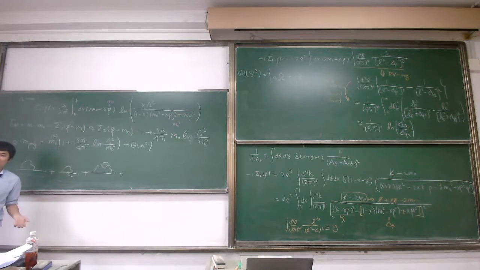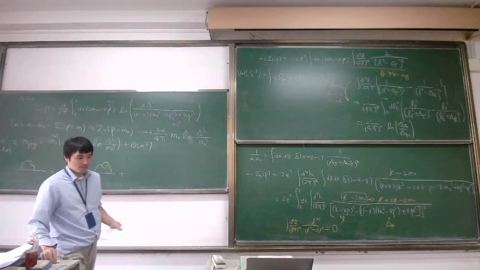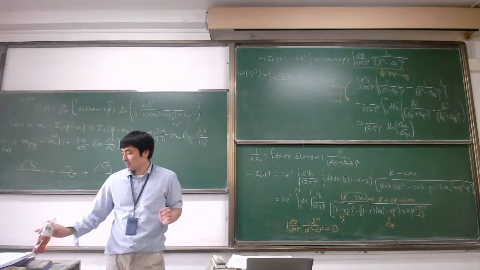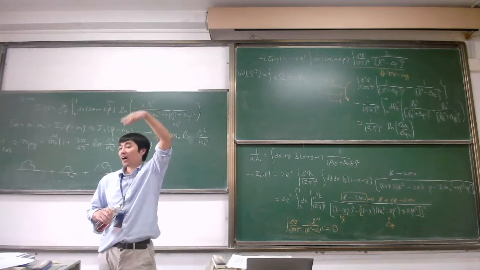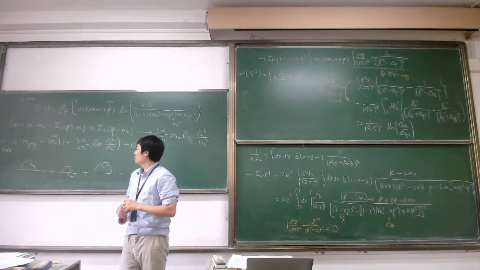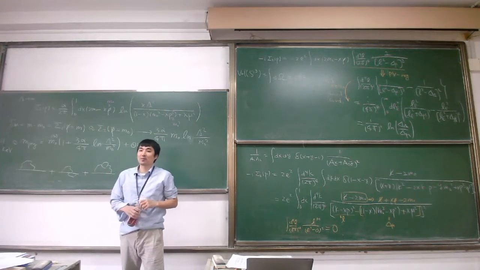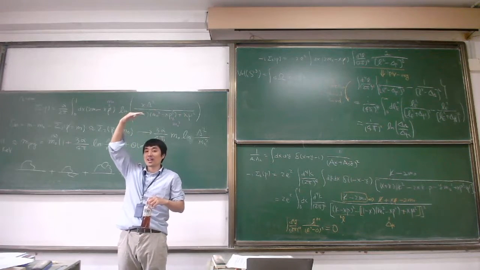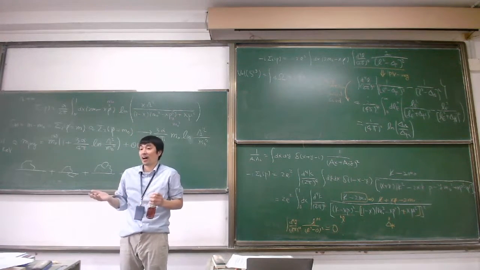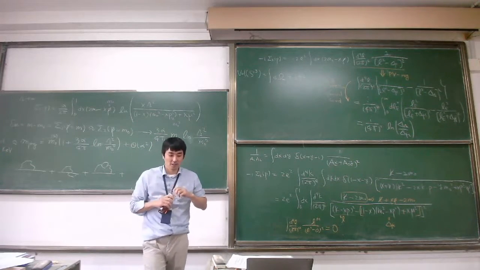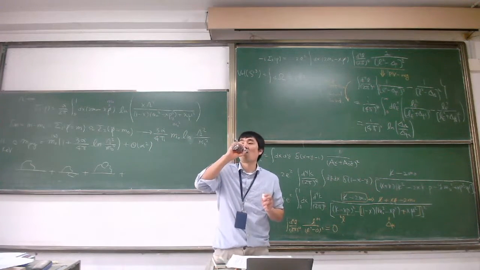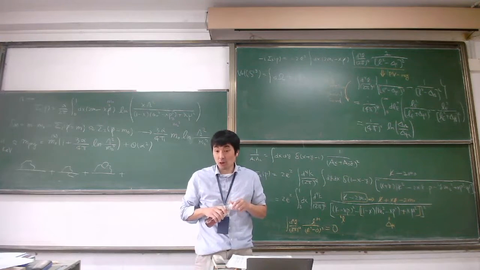That's what it means. Do you understand? Yeah. So if you go to high energy and measure the electron at really high energy, you can just see the naked electron, which is almost massless.